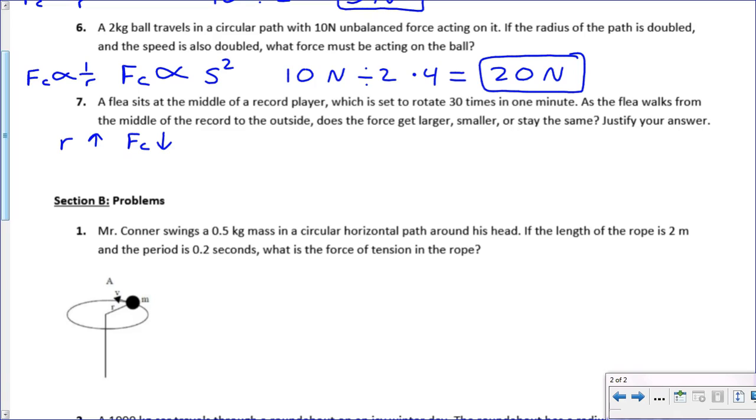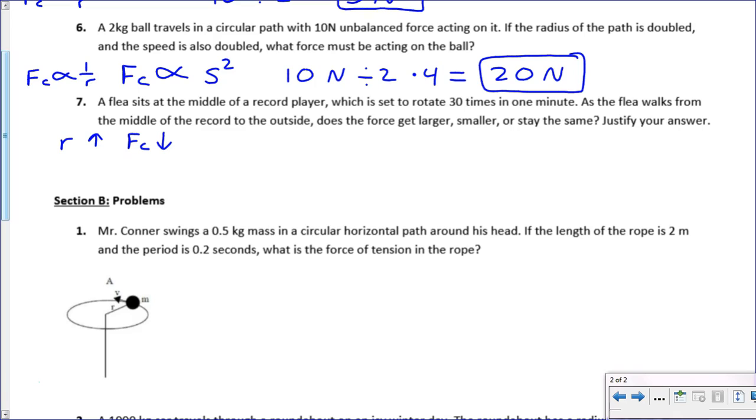However, there's more to it than this, because as it approaches the outside, I guess it says it's going around 30 times in 1 minute, right? So it takes 2 seconds for the record to spin around once. And it doesn't matter if you're on the inside of the circle or the outside of the circle, it still takes 2 seconds for it to spin around once.